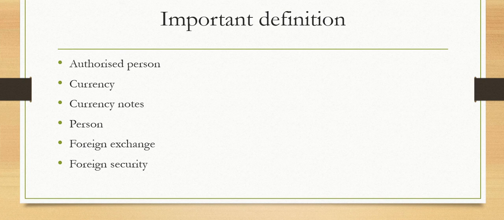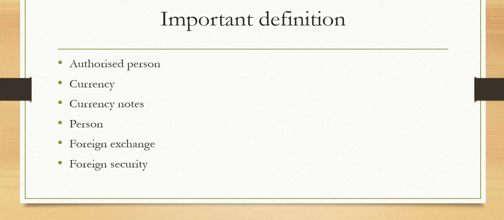Next is currency. Currency here means all currency notes, postal orders, money orders, checks, drafts, travelers' checks, letters of credit, bills of exchange, promissory notes, credit cards, or any other similar instrument which is notified by the RBI. The term currency notes basically includes both cash in the form of coins and bank notes.